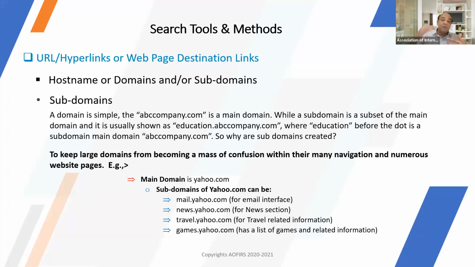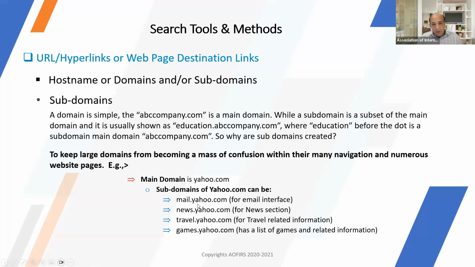For that reason, they would split the main domain into subdomains, and those pages which would get attached to the main domain would now be set to function along with the subdomains. So let's suppose it was yahoo.com, the subdomain for the mail is mail.yahoo.com. Similarly, if you go to the news section, you will see it says news.yahoo.com.